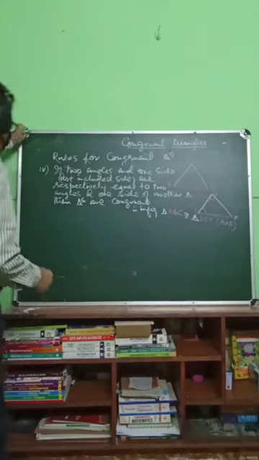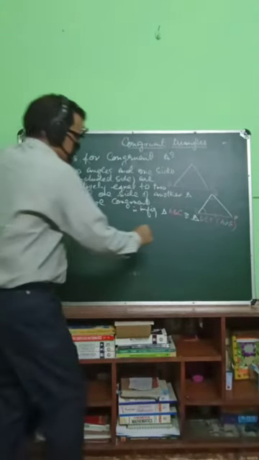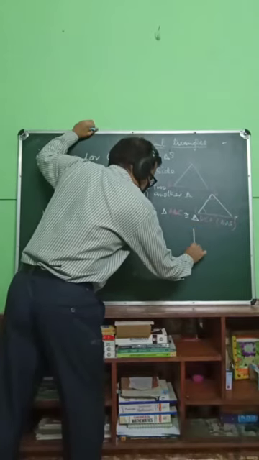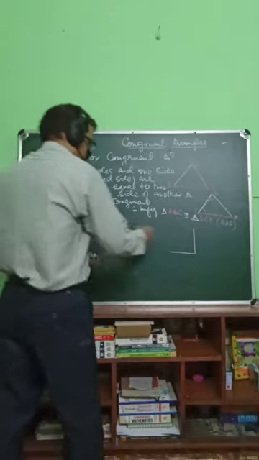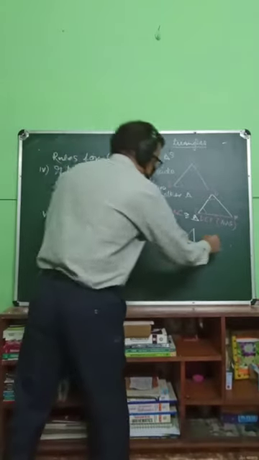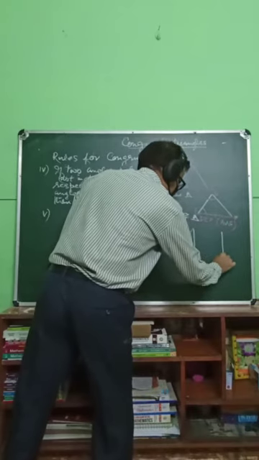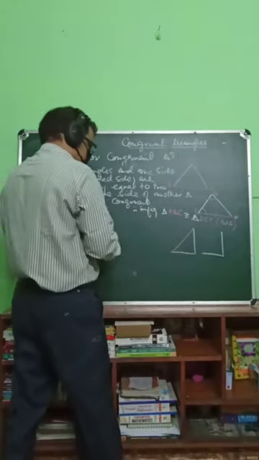rule? In fifth rule, I am taking right triangle. One right triangle I am making. Here is a right triangle. Another right triangle also we are making. Another right triangle also we have made now.